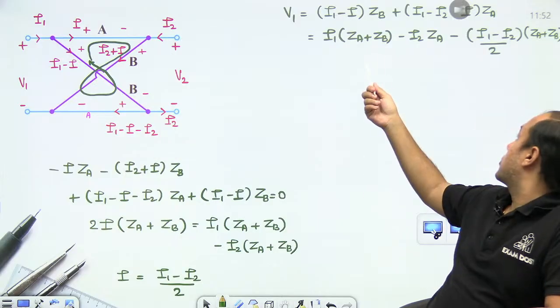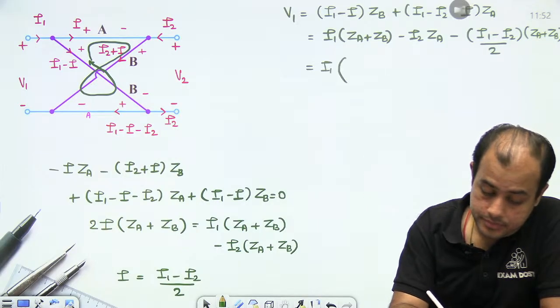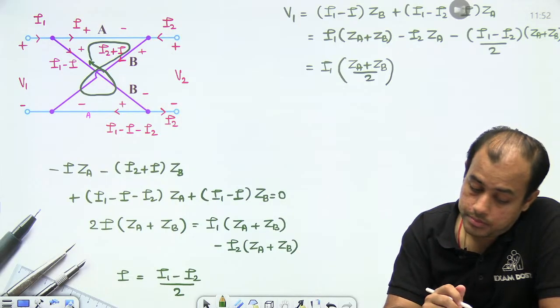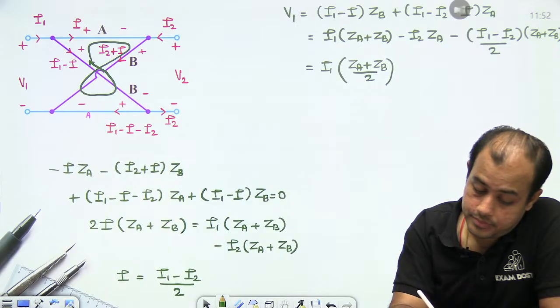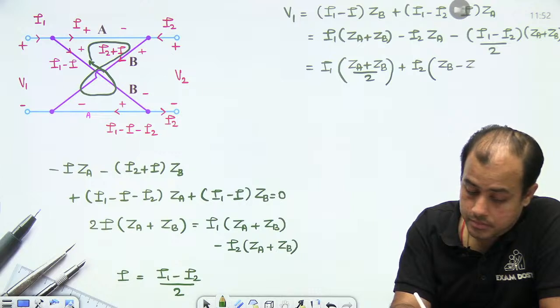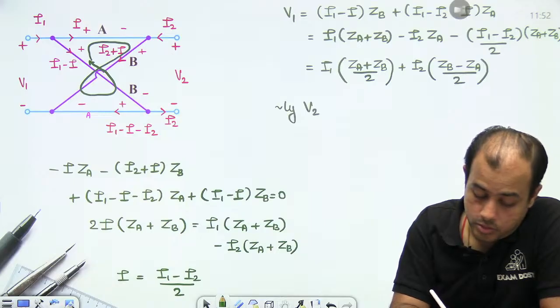So what will be the coefficient of I1? ZA plus ZB by 2. I2 minus ZA. Okay. Similarly, V2.